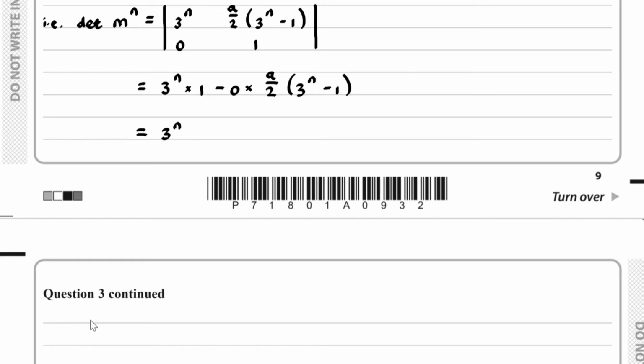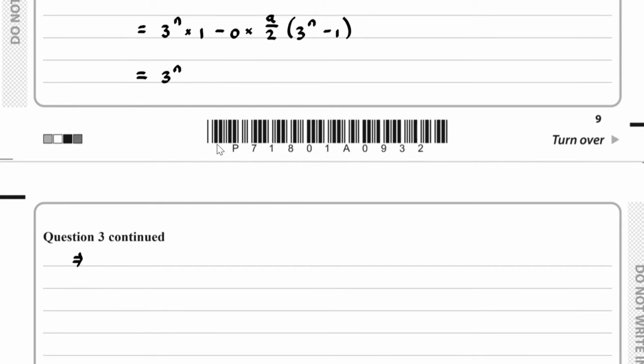And so, recognizing that the determinant of M is equal to the area scale factor, we have 3 to the n equals 1215 divided by 5. The determinant of M to the n represents the area scale factor.